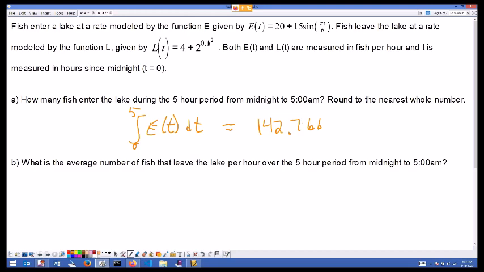I typed it in wrong. Shoot. I wrote 12 instead of 15. It comes out to be 153.458. Does that sound better? Yeah. It says round to the nearest whole number, so 153 fish. Any issues on that one?